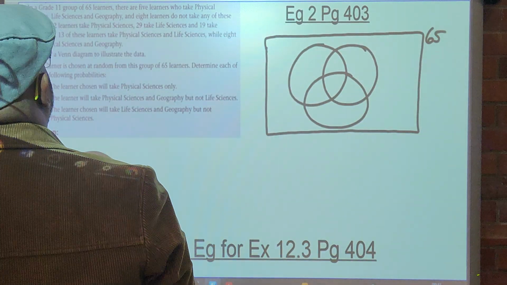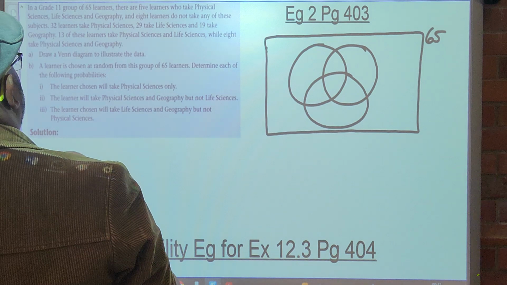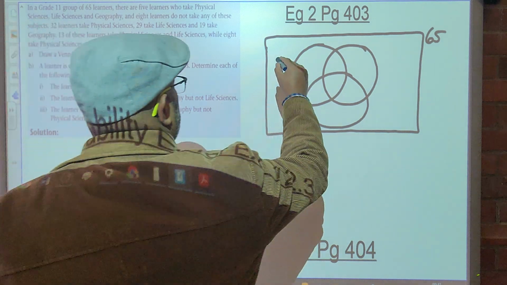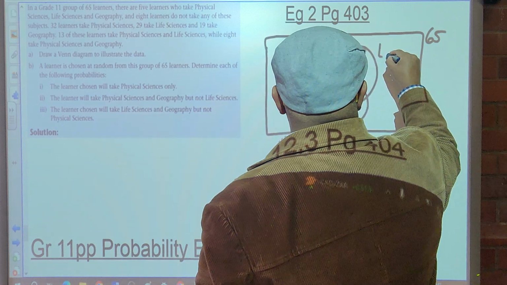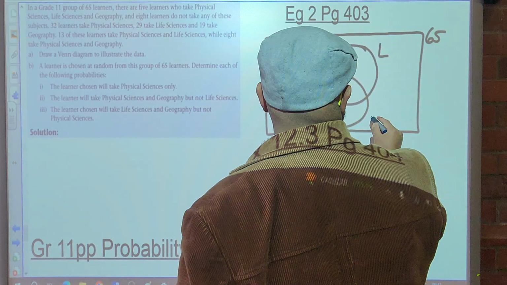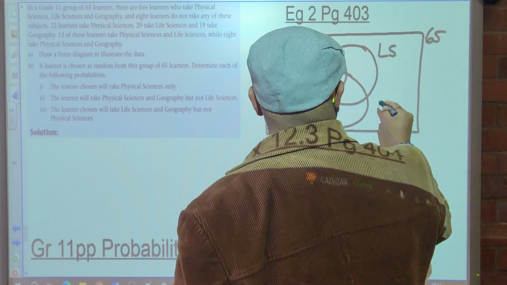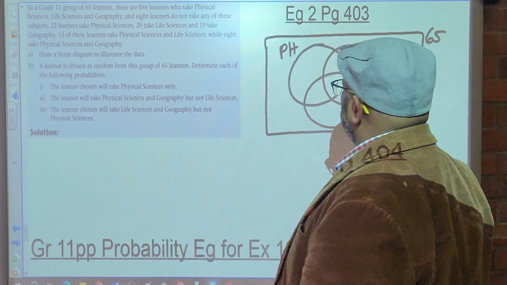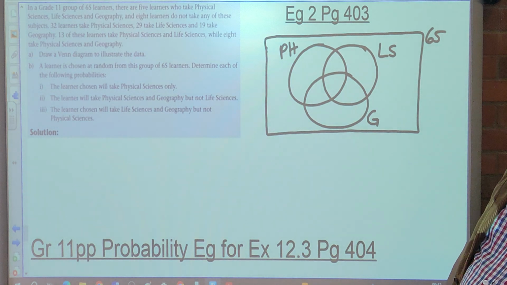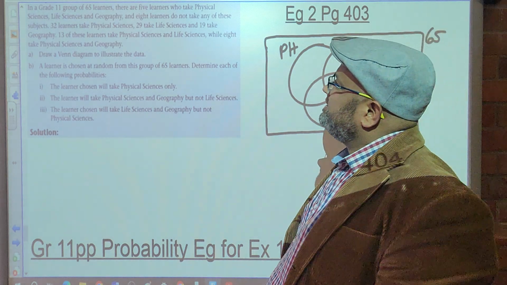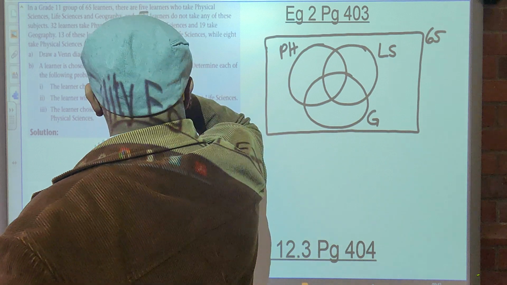There are 5 learners who take physical science, life science and geography. So it's physical science, life science and geography. So where would that 5 go?